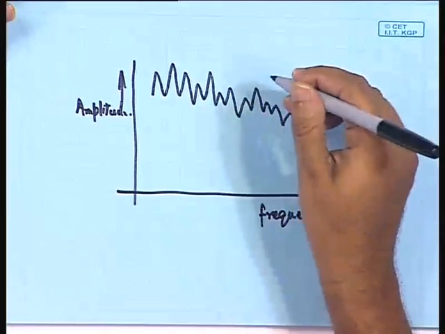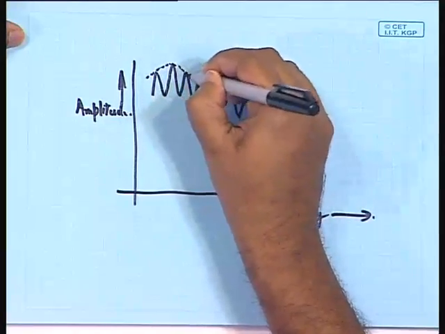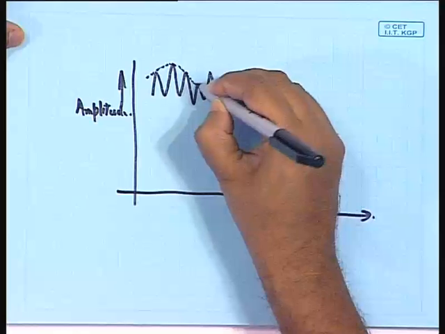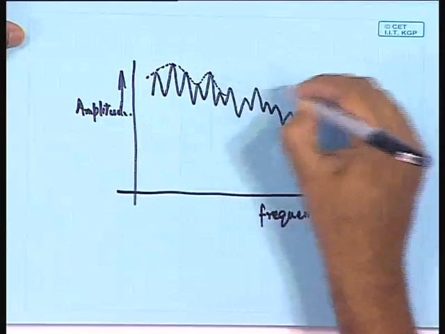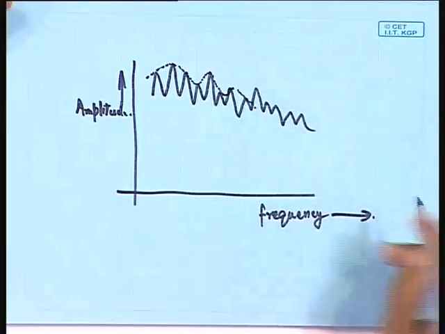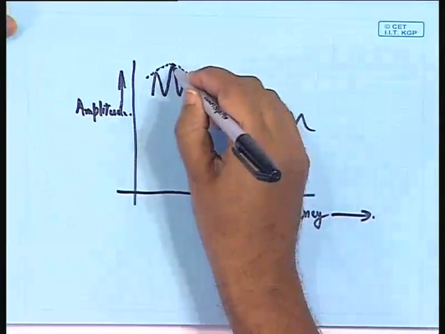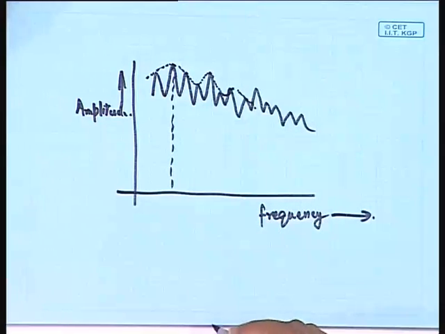So, we will be having something like this. You can see that here we have an envelope, here we have a different envelope, and corresponding to this there is a peak in this envelope.